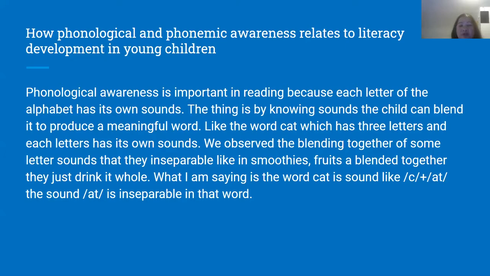We observe the blending together of some letter sounds so that they are inseparable, like in smoothies, where fruits are blended together and you just drink it whole. What I am saying is the word cat sounds like ka, at. The sound at is inseparable in that word.